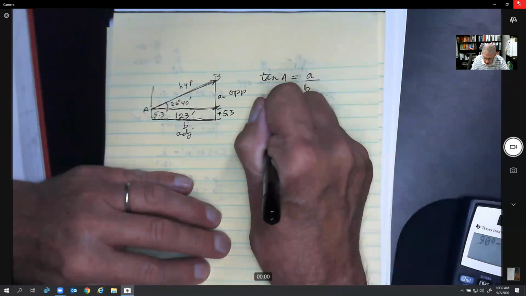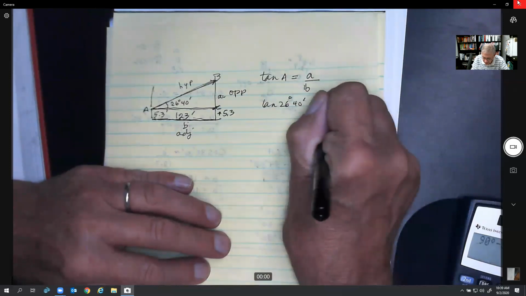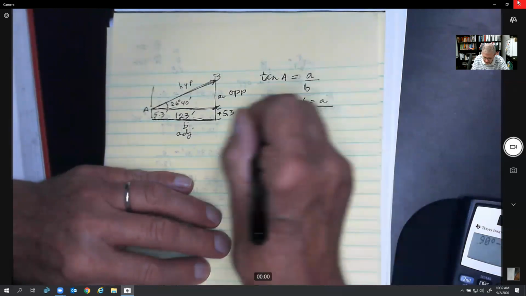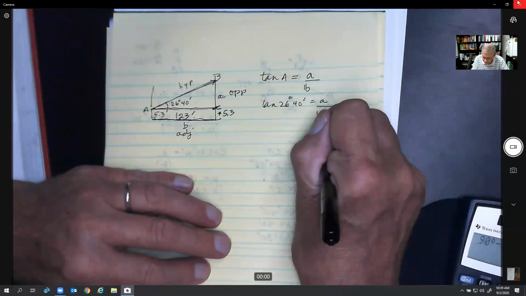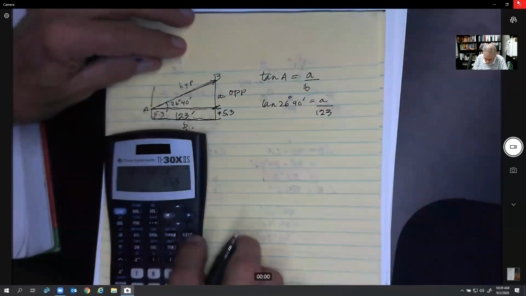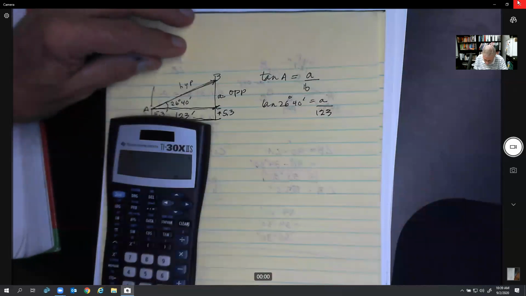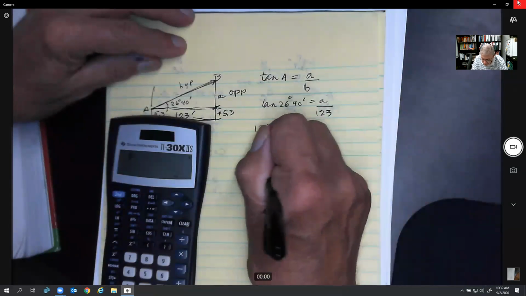So the tangent of 26 degrees, 40 minutes is equal to A over, which is this, 123. So let's calculate it out. Tangent. So let's multiply here, 123 tan.